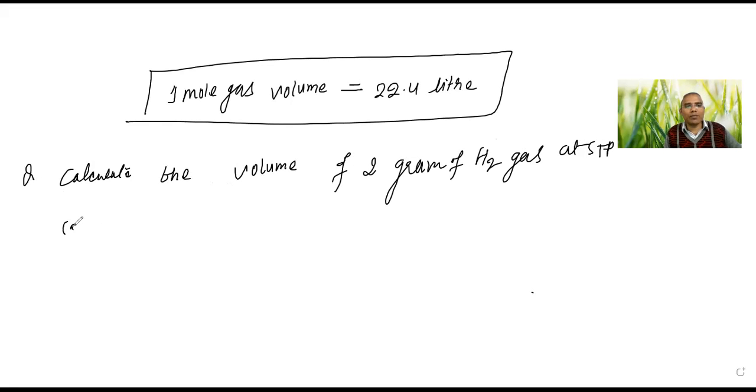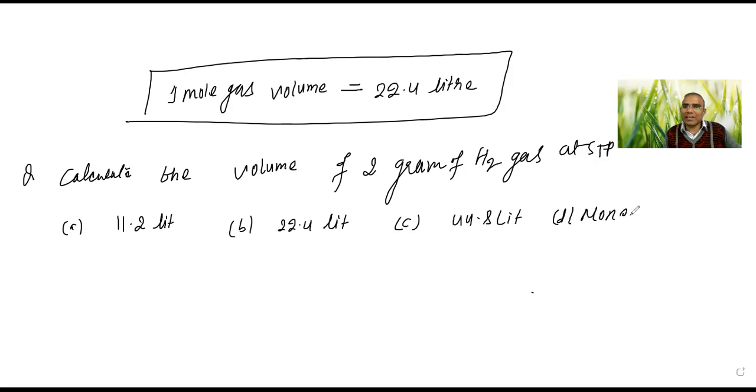Option A is 11.2 liter, option B is 22.4 liter, option C is 44.8 liter, and option D is none. So what can be your answer?